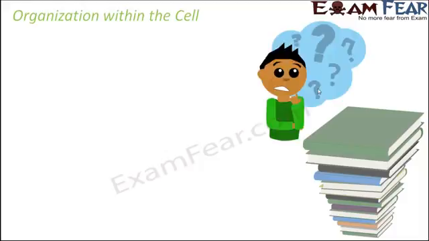Now, in order to understand this concept of organization inside the cell, let us take a very common example from our day-to-day life. Think of a scenario where a pile of books is lying in the room and you have been asked to find out your bio book from this pile of books. Do you think it's going to be easy?